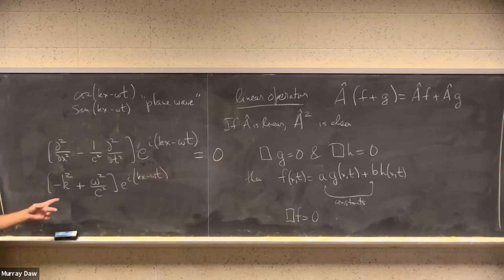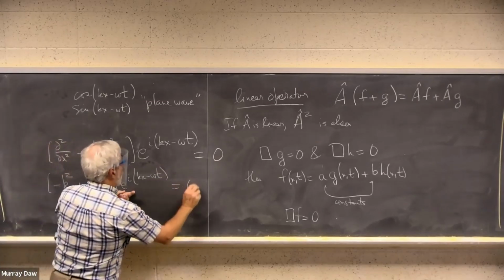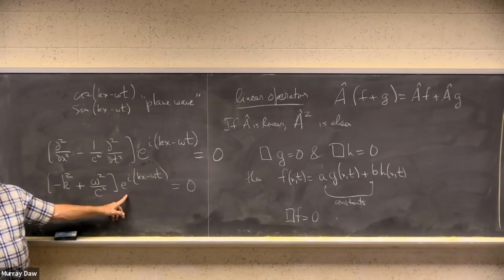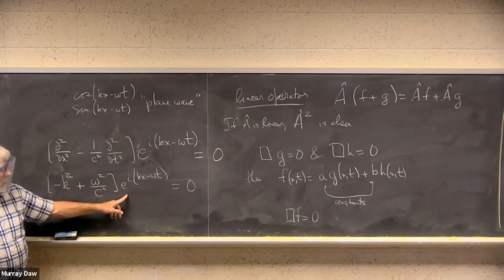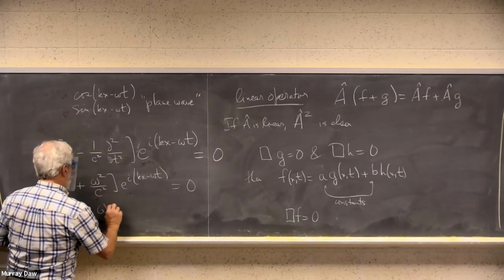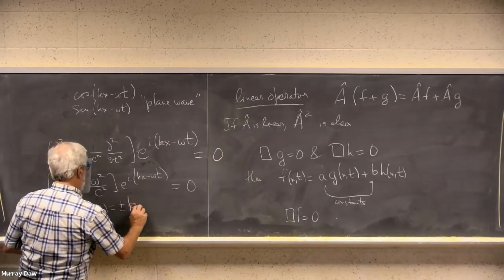Okay, so for this to be 0 for all x and t, and this complex exponential is not generally 0 anyway, then what's in the brackets here must vanish.